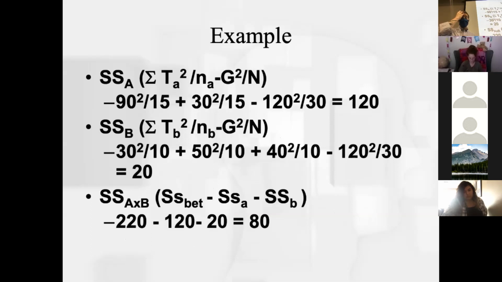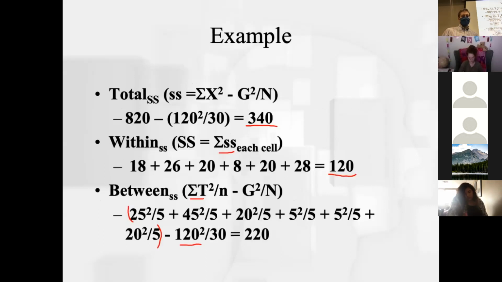And that's going to be the total, the sum of each T for factor A divided by the number in each level of factor A, minus still that grand total squared divided by that big N. So what am I doing here?